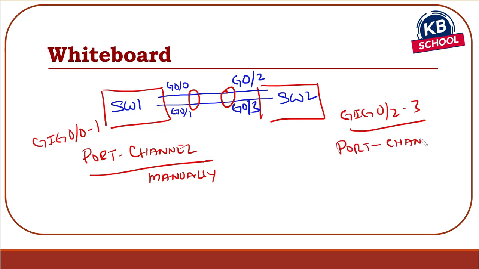They don't talk to the other side and say, hey, listen, as long as this port is up on the other side, I am going to consider the port channel to be up. So there's no negotiation with the other side whether the port is actually a member of the same port channel or not. I manually specify that these two ports are a port channel with the other switch.